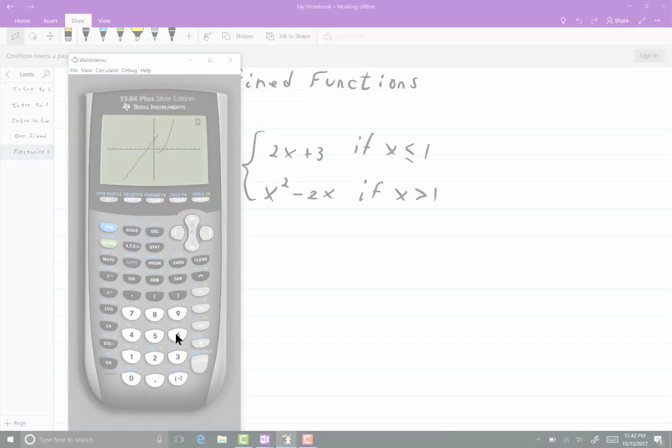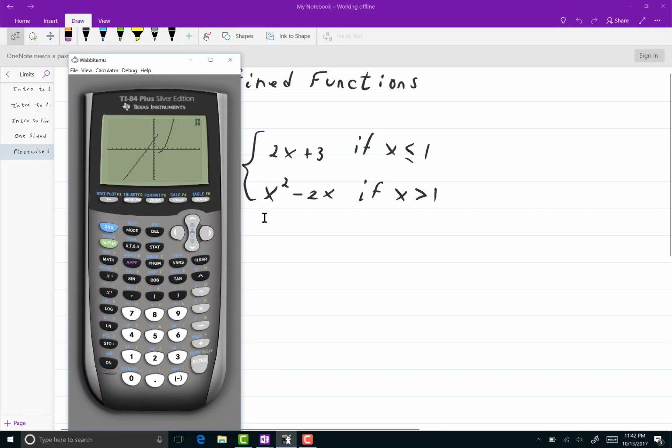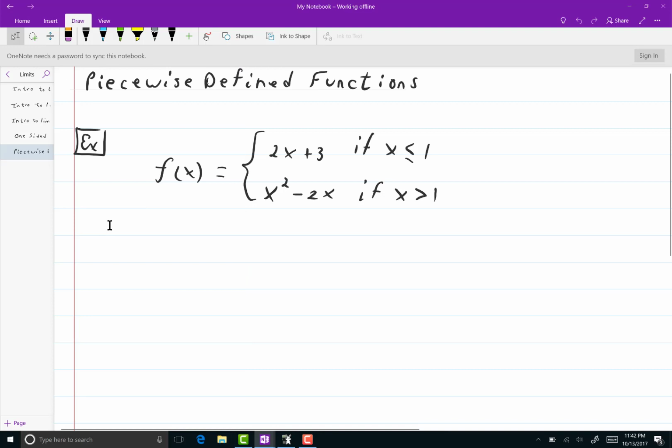Let's go ahead and copy this, bring it in, and make some notes about the graph that we're seeing. Let's stretch that.